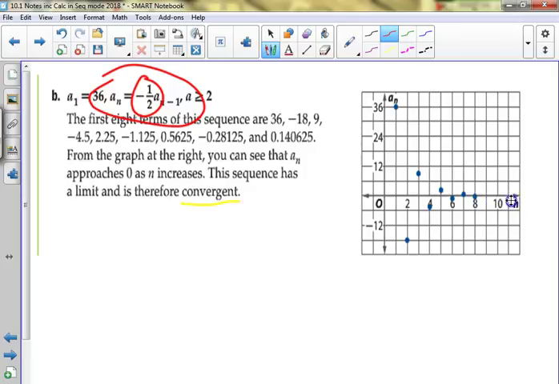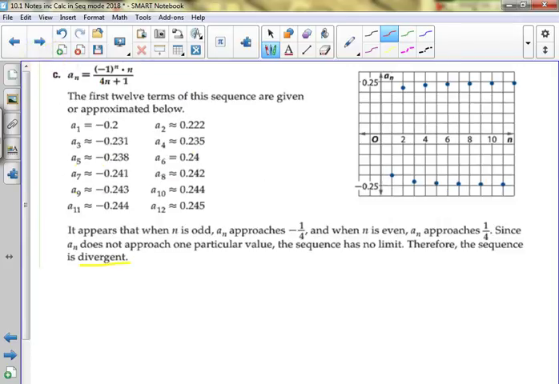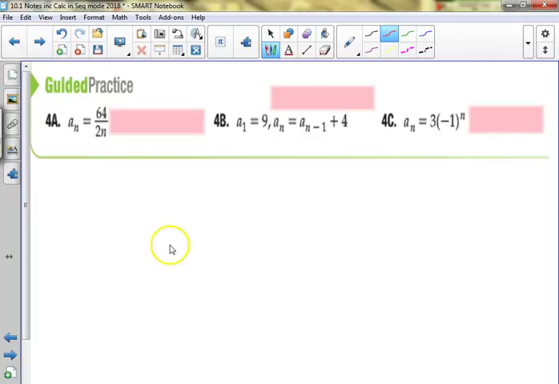So this is converging because it's getting smaller and smaller. This is a horrible equation I wouldn't want to have to think too hard about, but because it has a -1 to the nth power, it goes positive, negative, positive, negative. The problem is it's not really approaching any one number, right? Just jumps back and forth. This is divergent. All right.